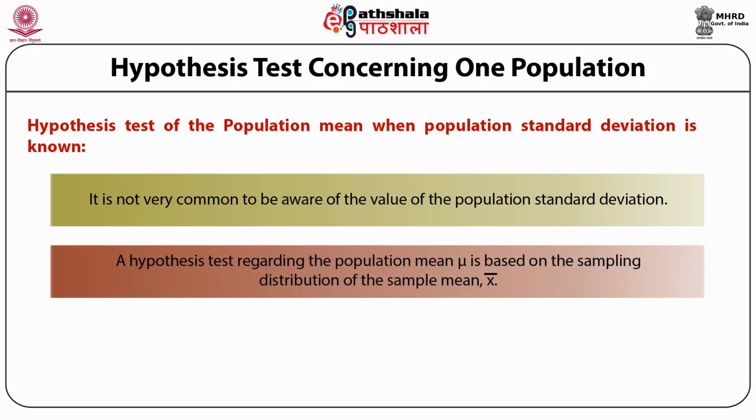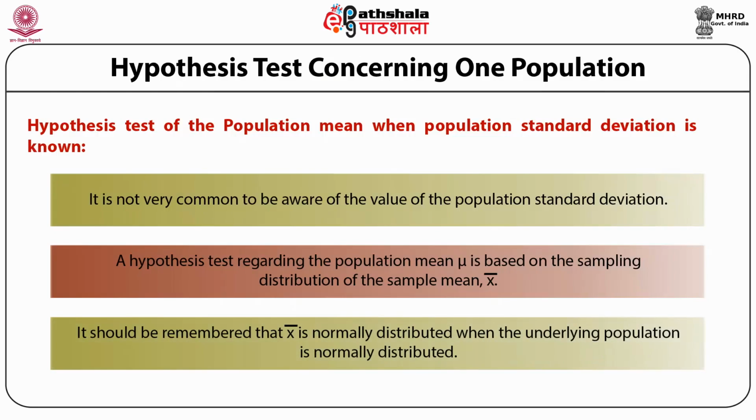A hypothesis test regarding the population mean mu is based on the sampling distribution of the sample mean represented by x bar. In particular, it uses the fact that the expected x bar value is equal to mu and the standard deviation of x bar is equal to sigma upon root n. Also, in order to implement the test, it is essential that the sampling distribution of x bar follow the normal distribution.